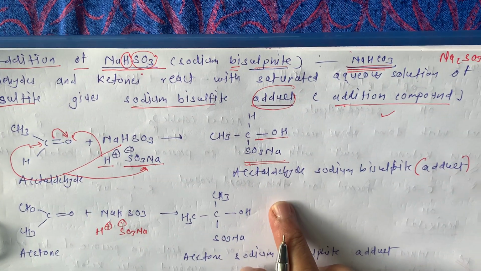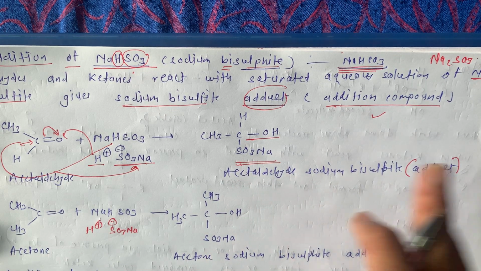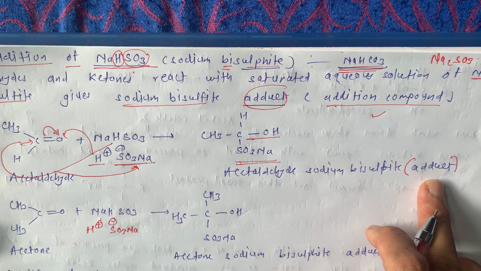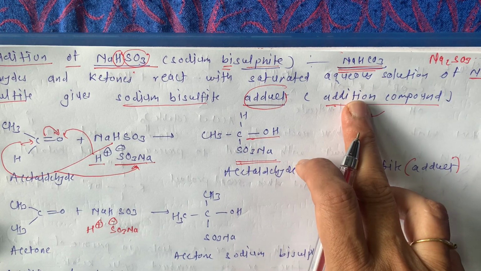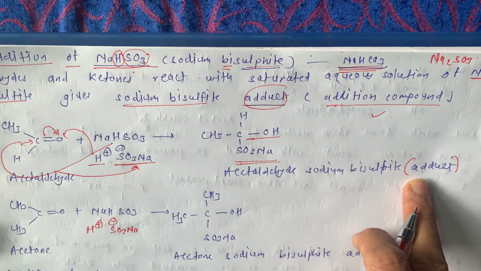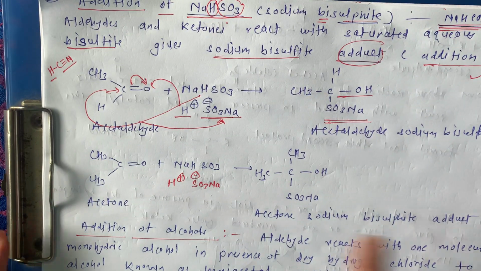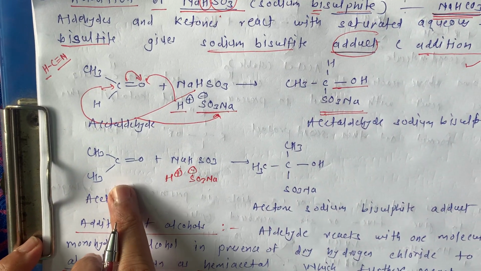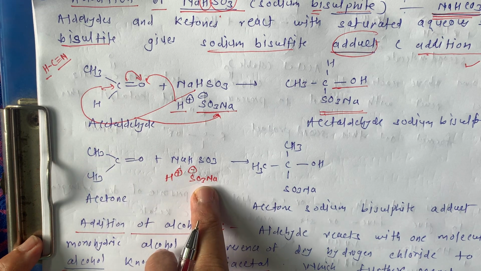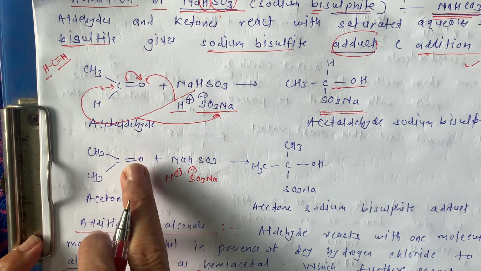Now what is the name of this compound? Simply acetaldehyde sodium bisulfite. As I told before, this is an adduct, meaning an addition compound. You have to know this new term, adduct, addition compound. If you use a ketone, again the same addition takes place: the negatively charged nucleophile attacks the carbonyl carbon.